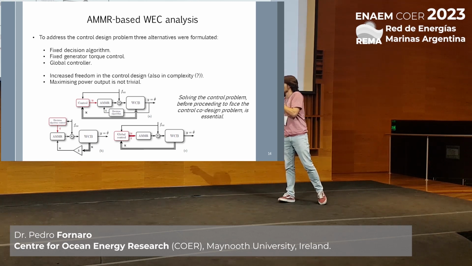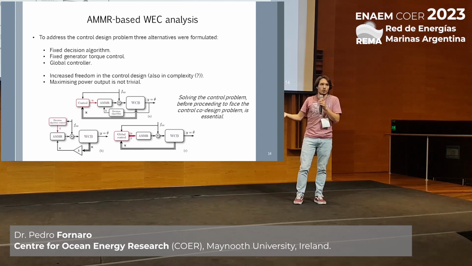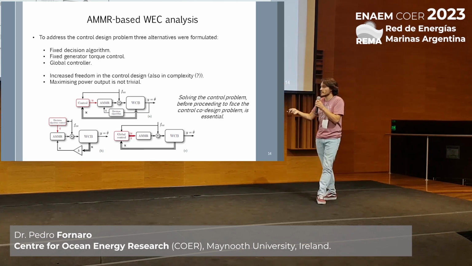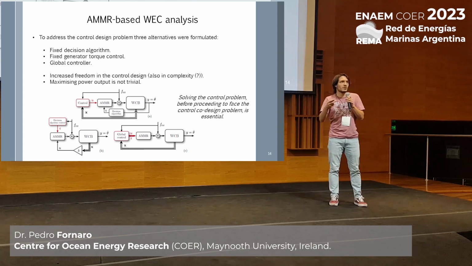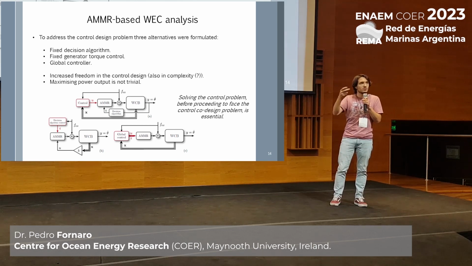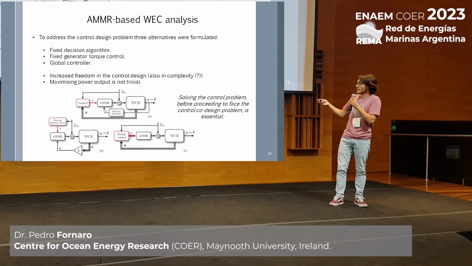Or we can think in terms of a global control strategy in which we can actually solve the global problem, selecting both an optimal continuous control and the controller that is also capable of maximizing energy output, considering the connection and disconnection times.